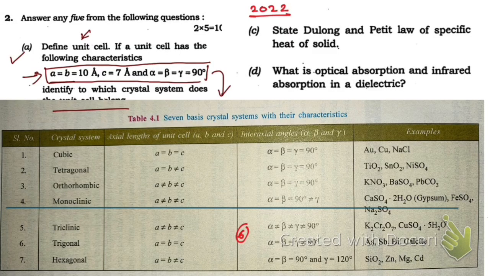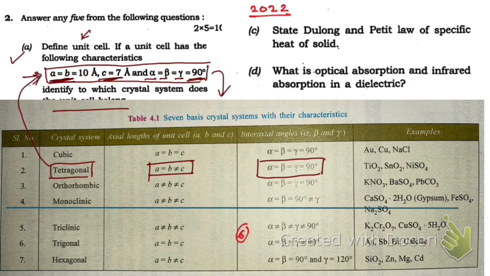You see, here A and B are equal, C is not equal, so this condition is satisfied. Then alpha, beta, gamma all are 90, this condition is also satisfied. So that's why it is tetragonal. The answer should be tetragonal. Remember this table, take the screenshot.